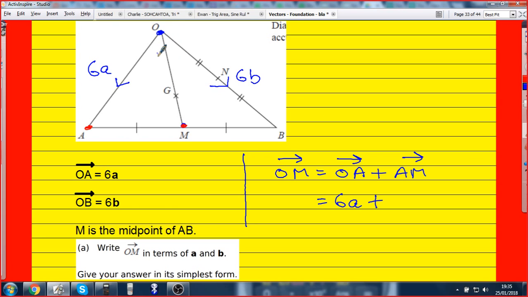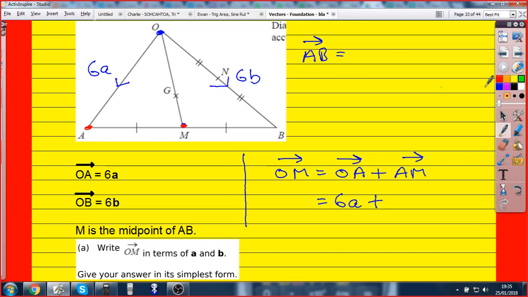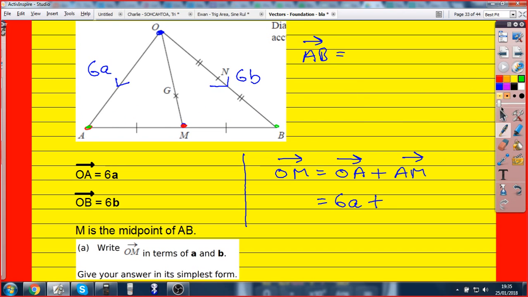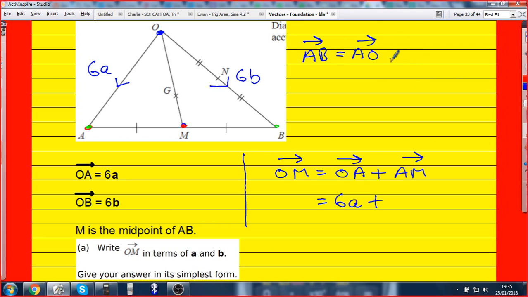Let's see. Is there anything we can get along the bottom? Yeah, we can actually. What is A to B? How could you do that? Oh, do you do AO plus OB? And so what will that be?